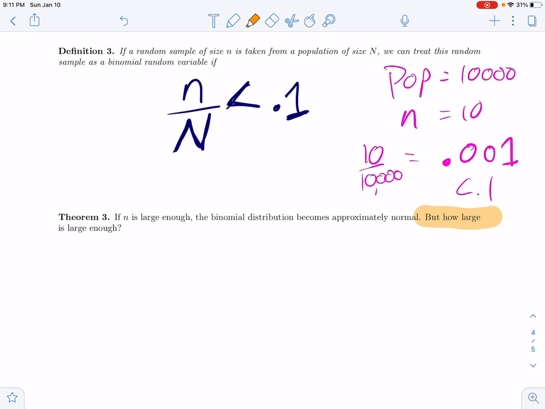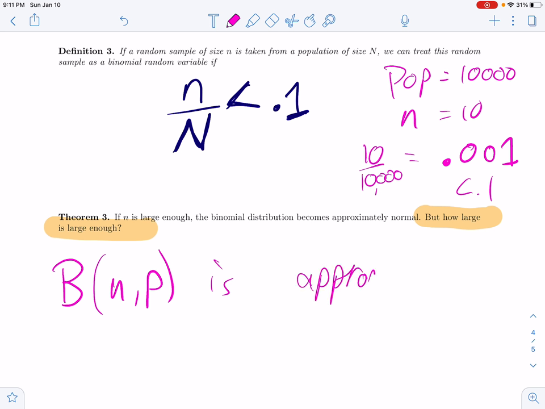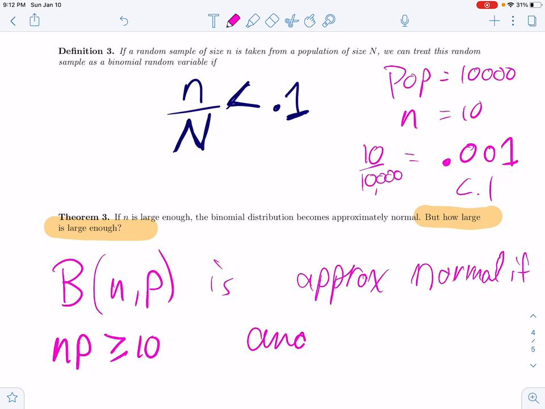Well, a binomial distribution is approximately normal if np is greater than or equal to 10, and n times (1 minus p) is greater than or equal to 10. You need both of these conditions satisfied, and then we are going to be approximately normal.